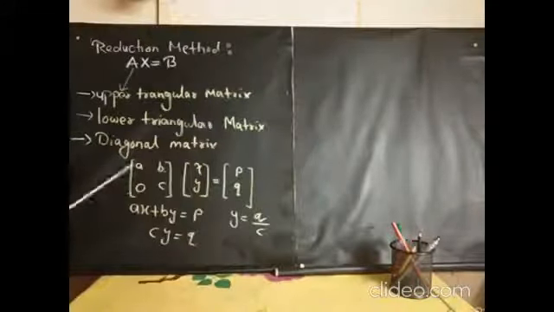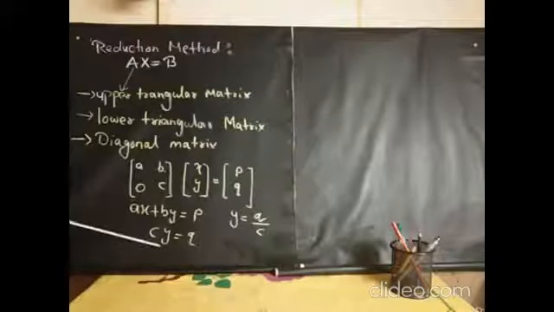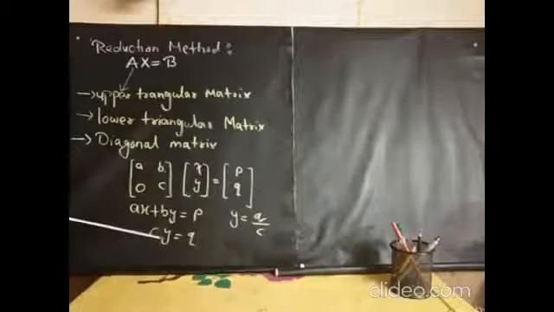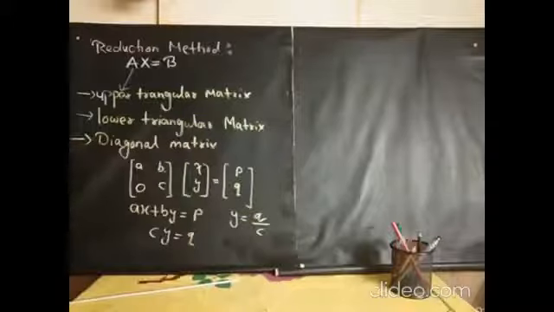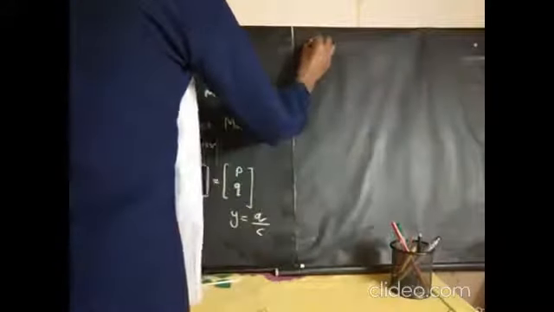Similarly children, when you are converting A into lower triangular, at this place you will get 0. In this case you got the value of Y first, then substituted the value of Y in the first equation and you got the value of X. After converting A into lower triangular, we will get a matrix of the form I am writing over here.